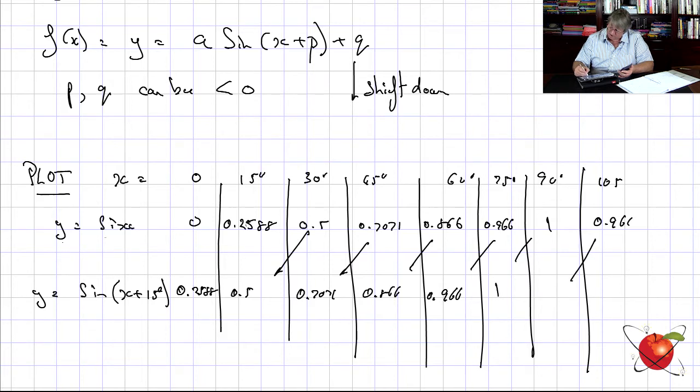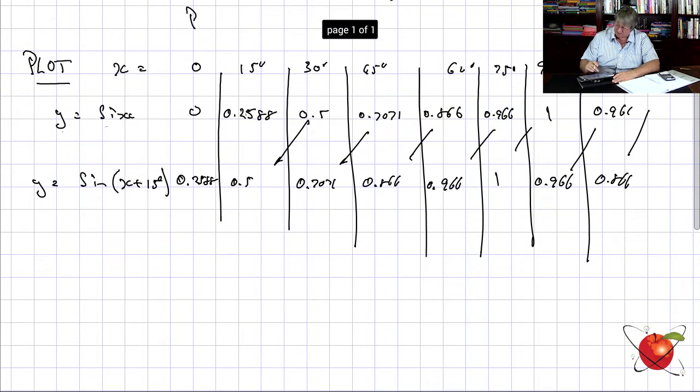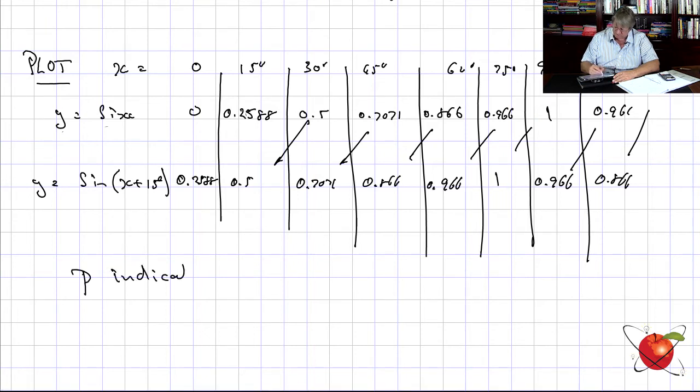So this is going to be 0.966, and this is then going to be 0.866. So they've shifted. Therefore, the p indicates a shift.